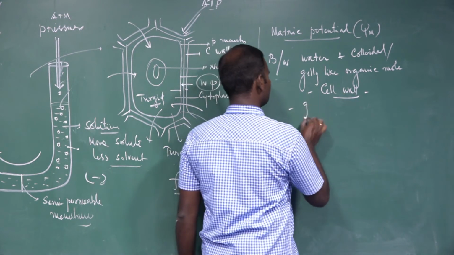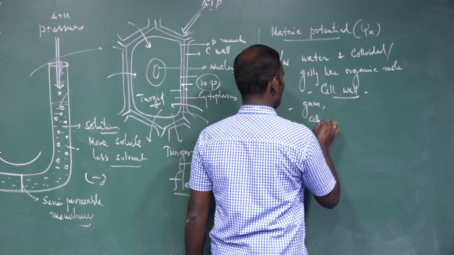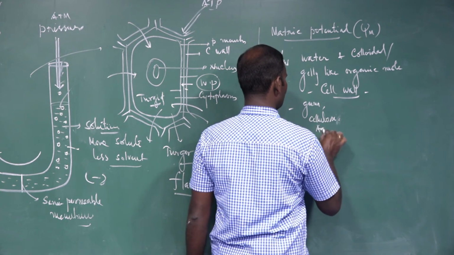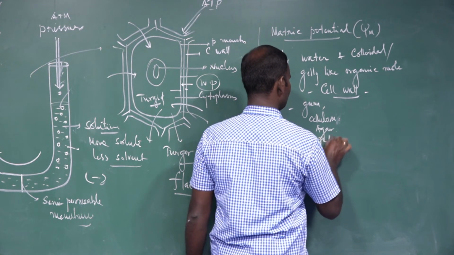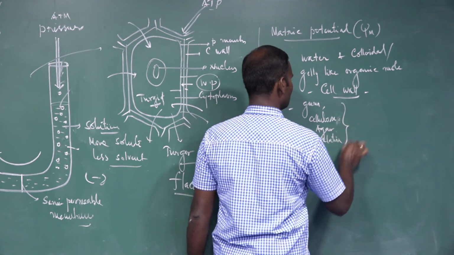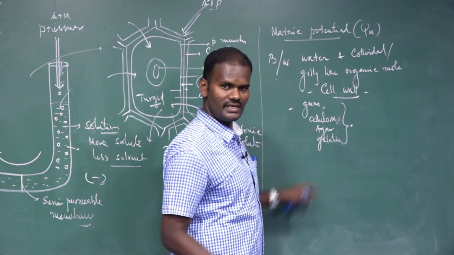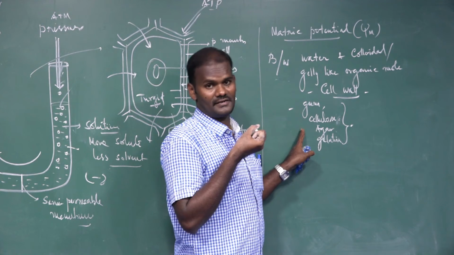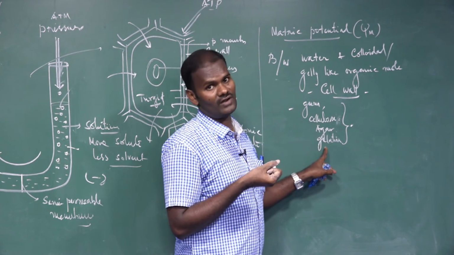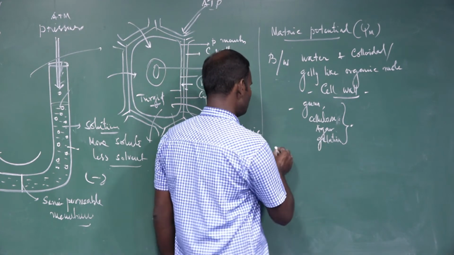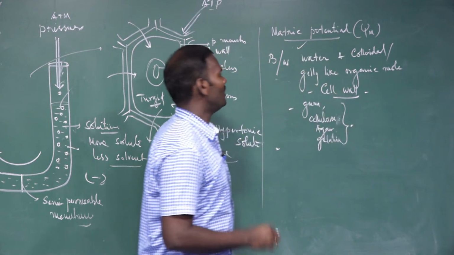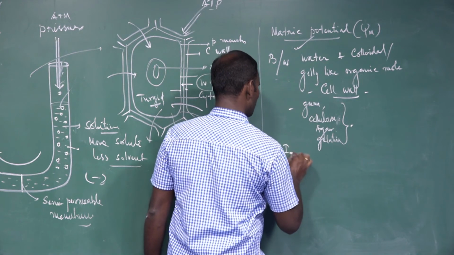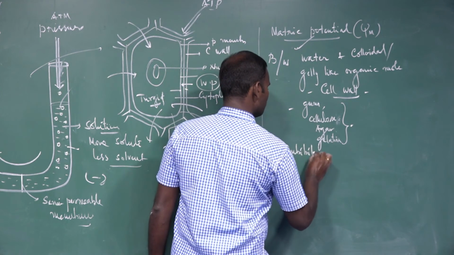For example, gum, cellulose, which are colloidal substances, then agar and gelatin. If placed under water, what will happen? It absorbs the water, but these substances do not dissolve in water. So this pressure is called matric, or it is also called imbibition pressure. So matric potential is also called imbibition pressure.